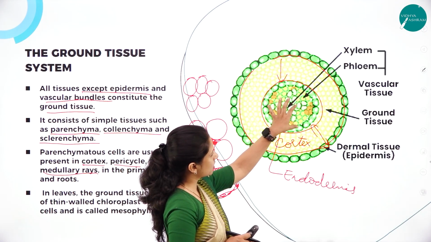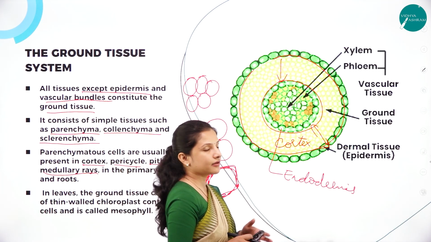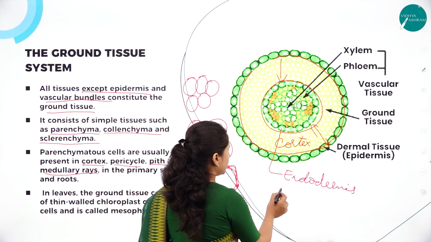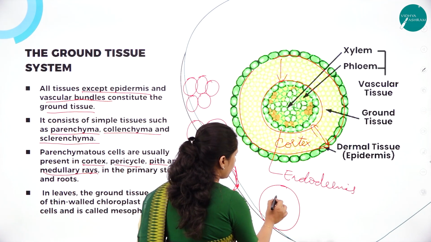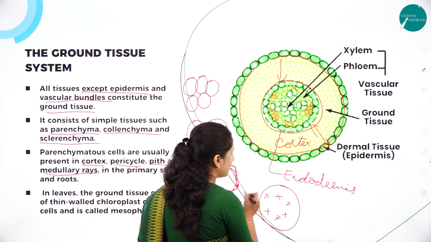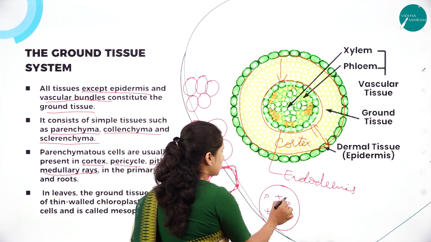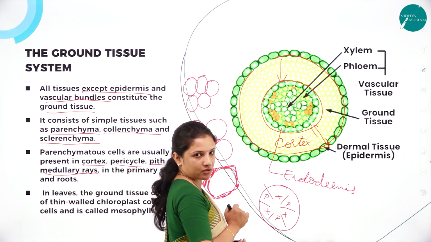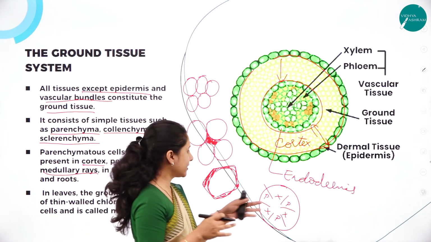So below the endodermis, you can find the parenchyma cells between the xylem and the phloem. Say for example, we have xylem and phloem. So this is X, P, X, P, like a radial arrangement of xylem and phloem. In between, like rays, there will be parenchyma cells distributed here, which are called the medullary rays.